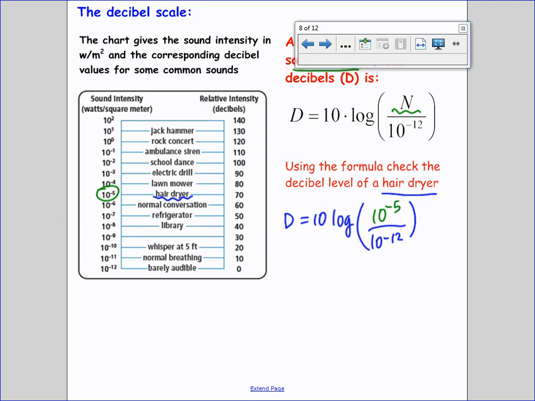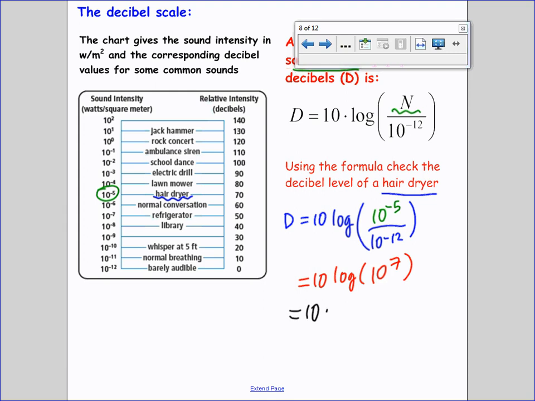A quotient of powers can be rewritten as a single power by doing top exponent minus bottom exponent. So this is log of 10 to the negative 5 minus negative 12, which is negative 5 plus 12, and that's 7. So we have 10 times log of 10 to the 7th.